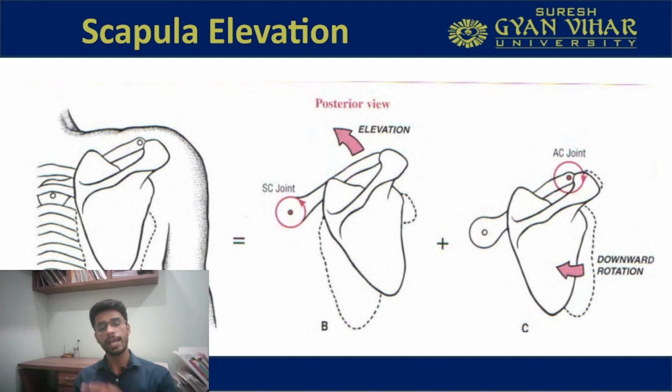So what happens is that the movement at SC and AC occurs, and the resultant of that movement we see in the scapula. So in the scapula there are three movements. First is your elevation and depression, the other movement is your protraction and retraction, and the third movement is the upward and downward rotation. So basically these three movements are present at the scapulothoracic joint, which are decided by the movements at the SC and AC joint.